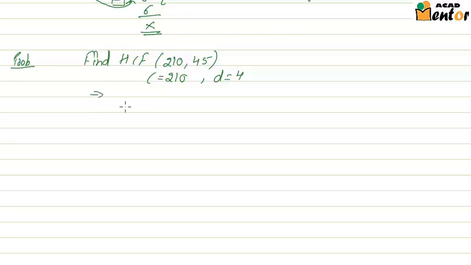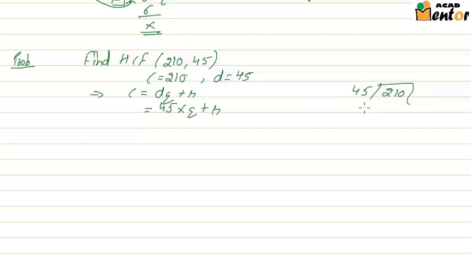Applying the lemma, C would be expressed as DQ plus R, or 45 multiplied by some number Q plus remainder R. In order to find the values of Q and R, we'll divide 210 by 45.